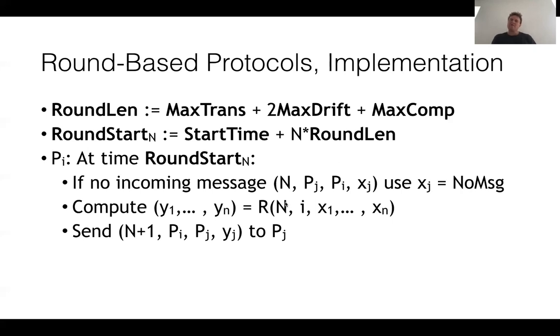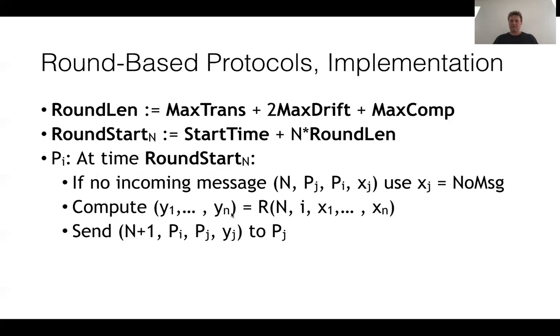The round function takes the name of the round, 7, the identity of the party, you are party 3 in round 7, and then the inputs that arrive in that round. You can use the input from yourself to keep a state. And then it will output the n outputs for that round, where y1 is going to go to party 1, up to yn, that's going to go to party n in that round. And then we just run in rounds like that.